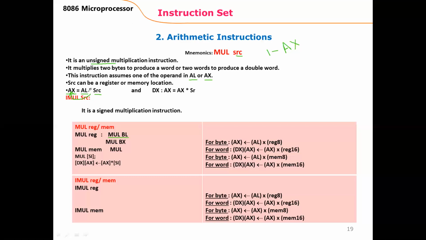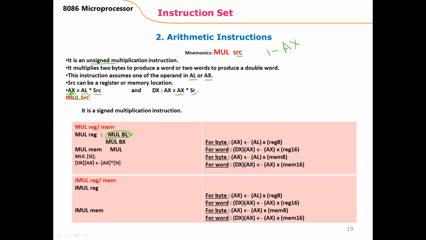So for multiplication of 8-bit numbers, we need AX to store. So by default, what will be the operation? AL multiplied by source. In this example, we have taken source as BL content. BL content will be multiplied by AL content, and the result is stored in AX by default after execution of this MUL BL instruction.